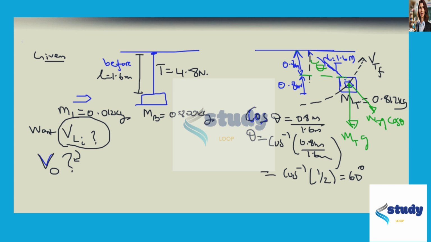We also have the centripetal force, which is helping the object to go that way, and this centripetal force is m_t v_t final squared over L. That's the centripetal force. So this is the information we're given. In the next page, the first thing we'll do is use Newton's second law.